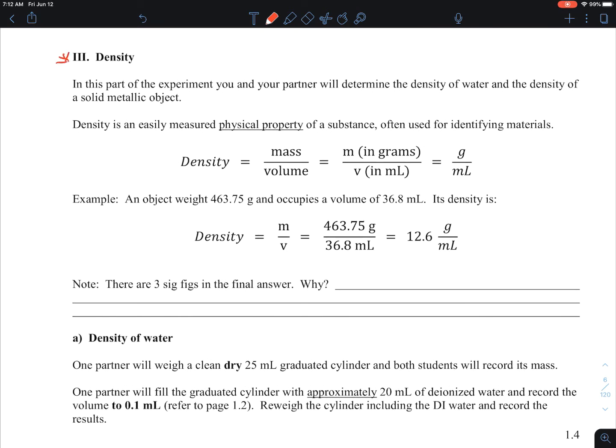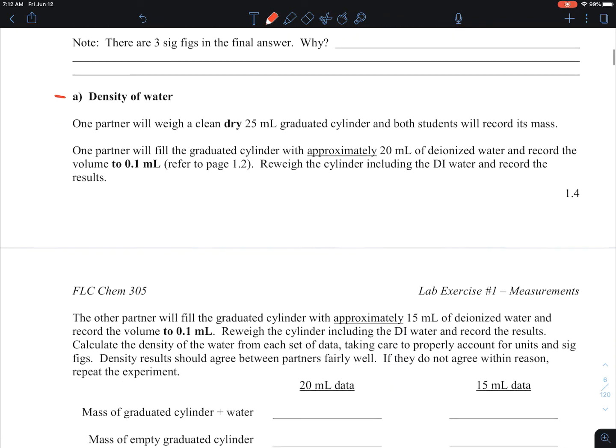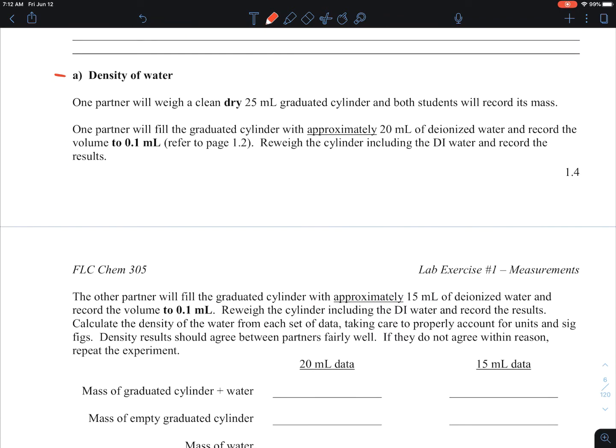Density. So for the density part, you're going to have taken the mass of water, and you'll take the volume of water, and you'll figure out what the density is. That's part A right here. So the density of water is going to involve getting the volume.